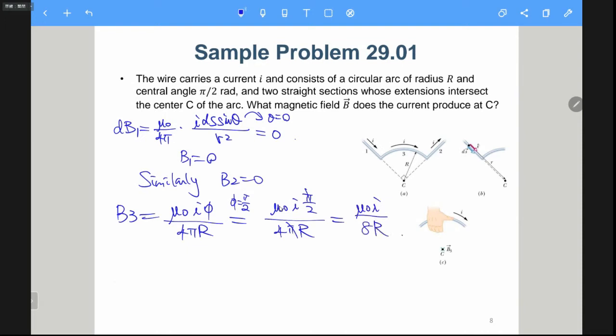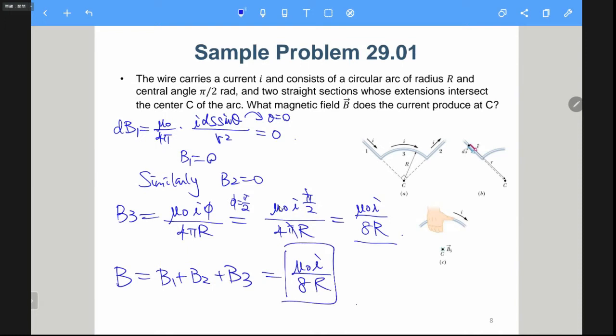So the total magnetic field generated at point C will be nothing but B1 plus B2 plus B3, which is 0 plus this term plus 0, which is nothing but mu 0 I over 8r. Okay.